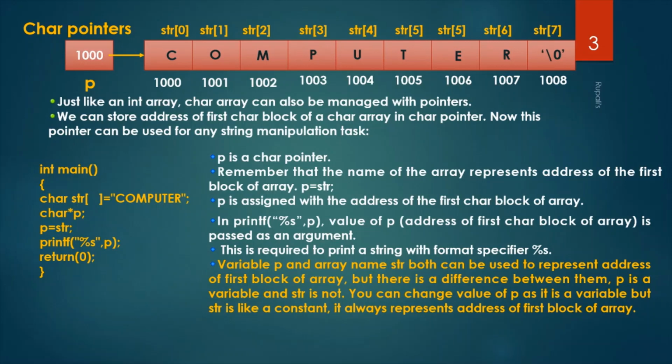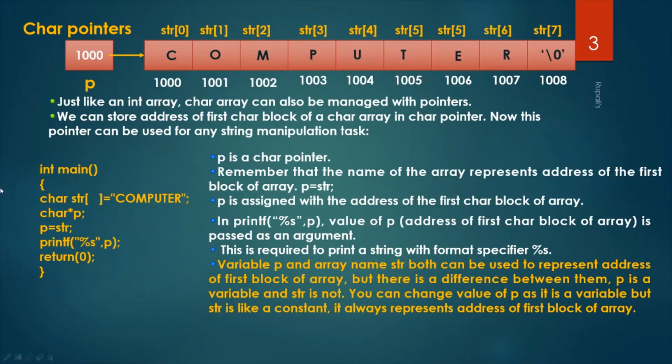You can change the value of P as it is a variable, but str is like a constant. You can give another character address to P, but you can't change the value of str because str is the base address of this array. It is constant. It always represents the address of the first block of the array.